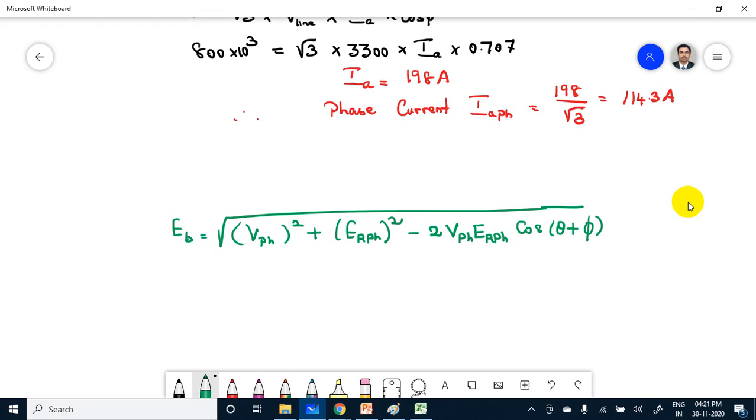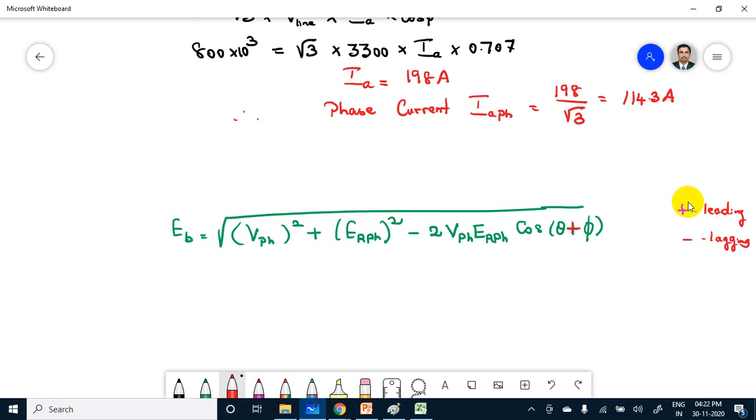This plus symbol is applicable for leading power factor; minus means lagging. In your question they clearly mentioned it is a leading power factor, so I have written cos of theta plus phi.